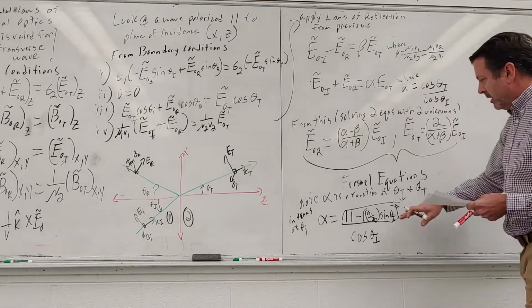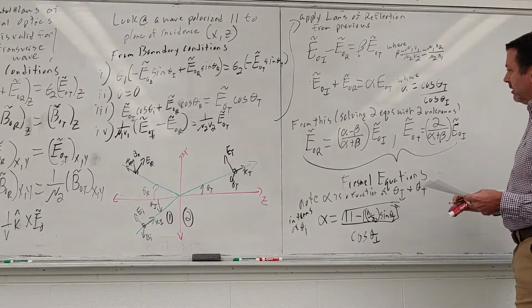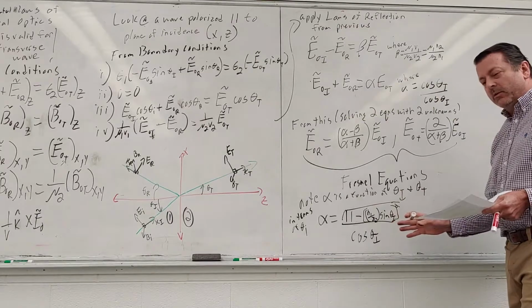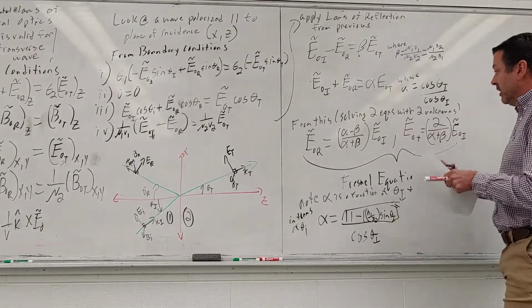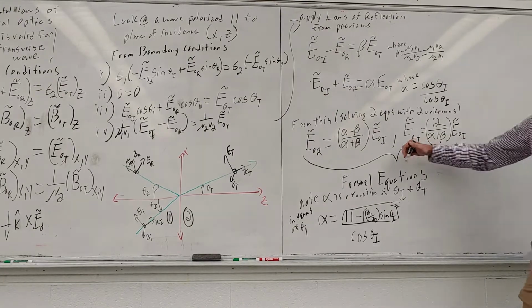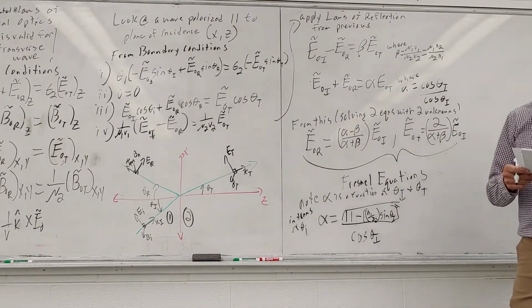Now, if you use this, just based on the incident angle, now we can look at just based on the incident angle. What's the electric field transmitted? What's the electric field reflected?